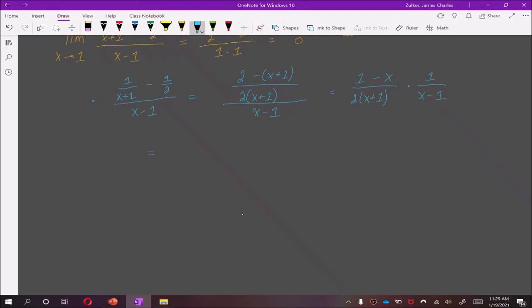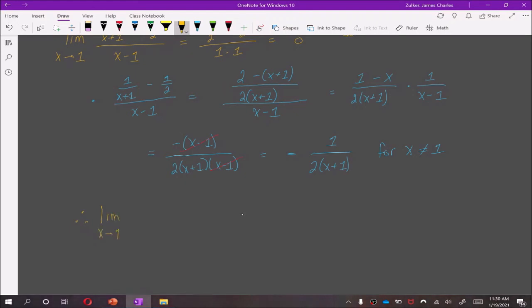In the numerator, you can factor out a negative 1. Now we can cancel out x minus 1's, and we'll be left with negative 1 over 2 times x plus 1. And this is all valid as long as x is not equal to 1. This allows us, once again, to use our proposition.